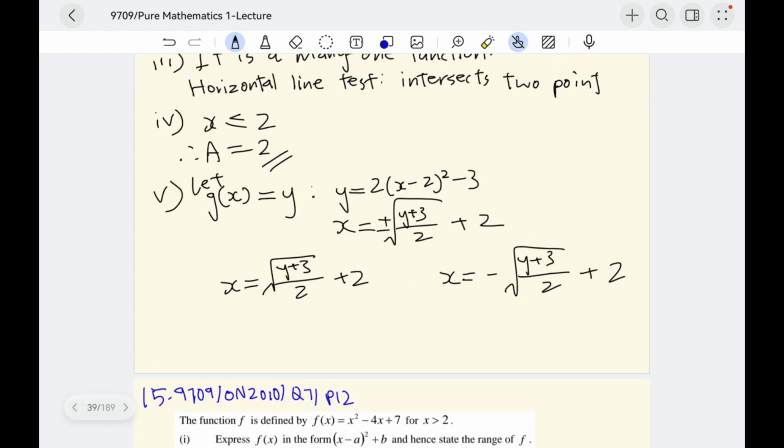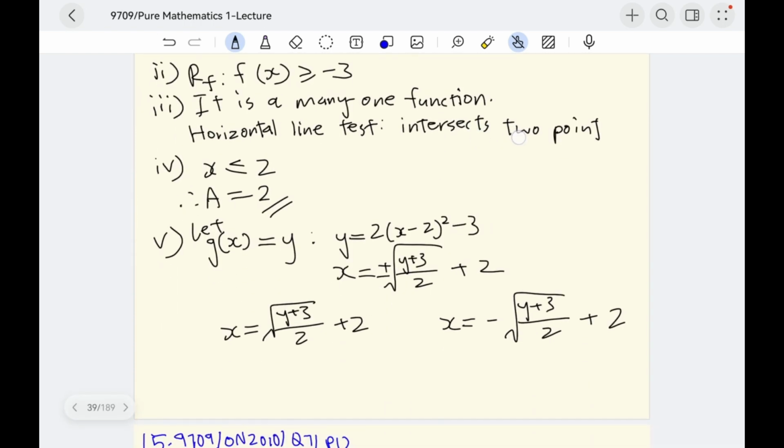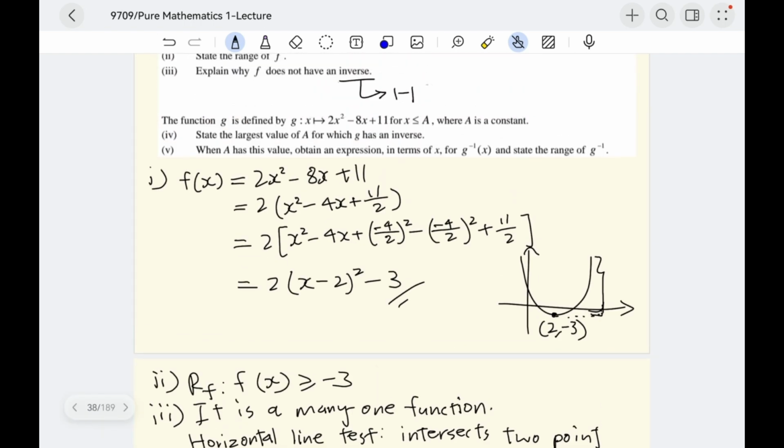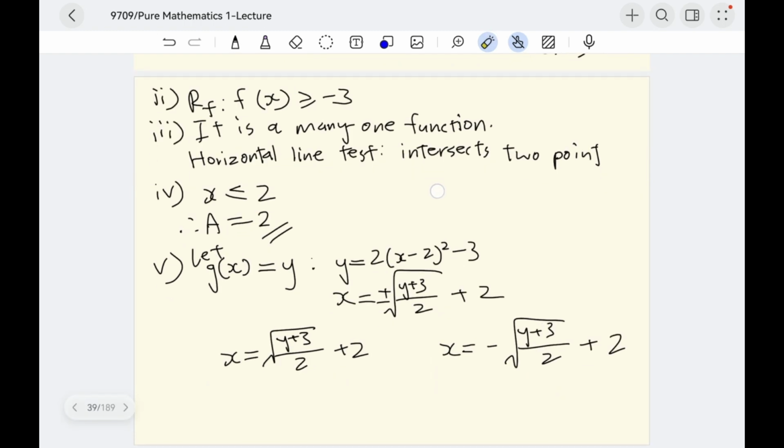So, what is the y? The y means the range. So what is the range? You will see that the range of f(x) is at least negative 3.